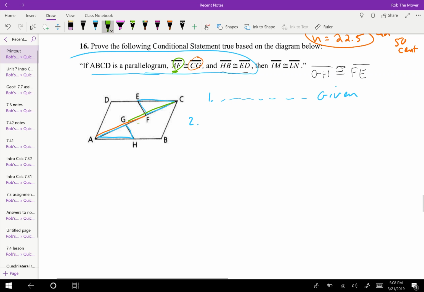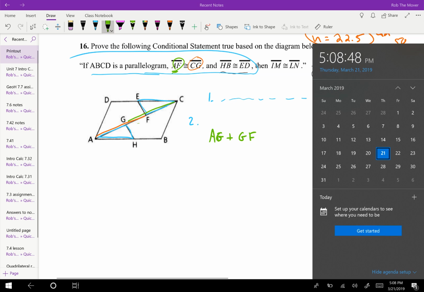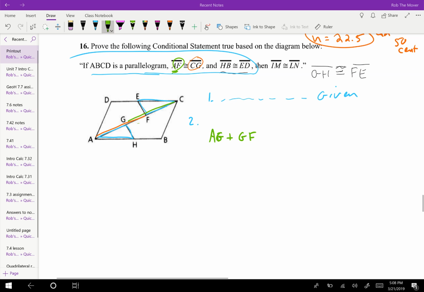And I can see how I can get that. I can get AF, oh, sorry, AG plus GF in an equation. AG plus GF is equal to that segment AF by the segment addition postulate.